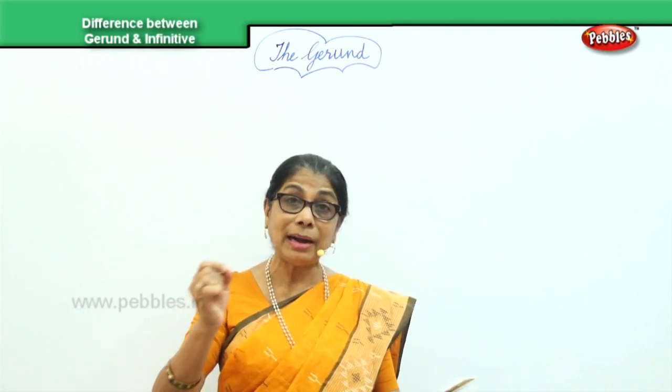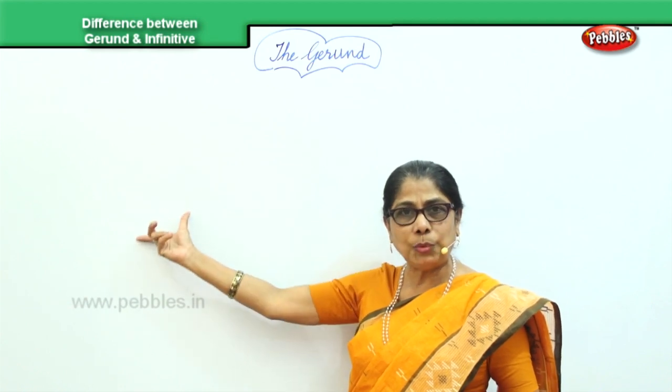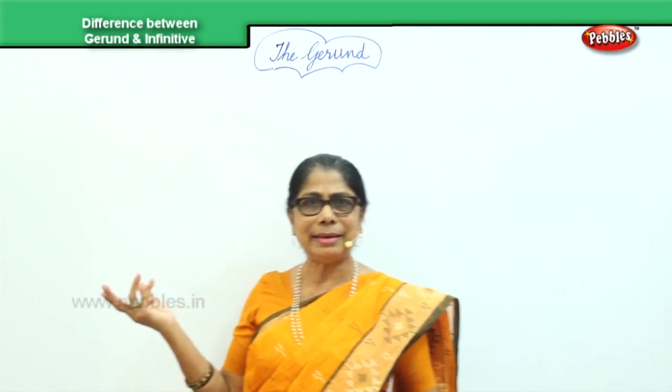But in the case of an infinitive, it is partly a noun and partly a verb and usually formed by adding to. That's the difference. A gerund ends in ing and partly does the work of a verb and partly acts like a noun.